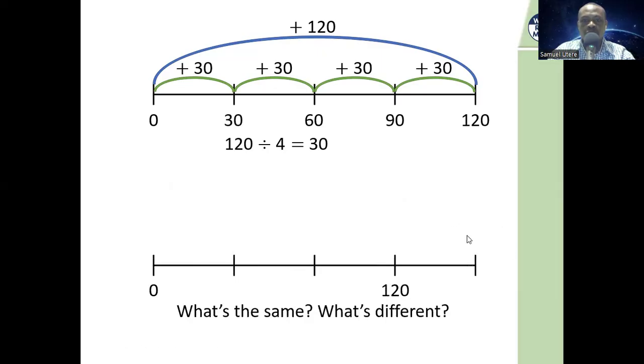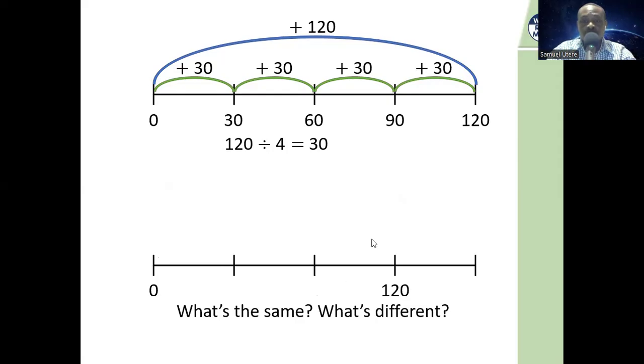But what do you notice? What's different and what's the same? How do we complete this? Now notice that this starts with 0 and here is 120, but we have different intervals. So we have 1, 2, 3. We're going to apply the same method.